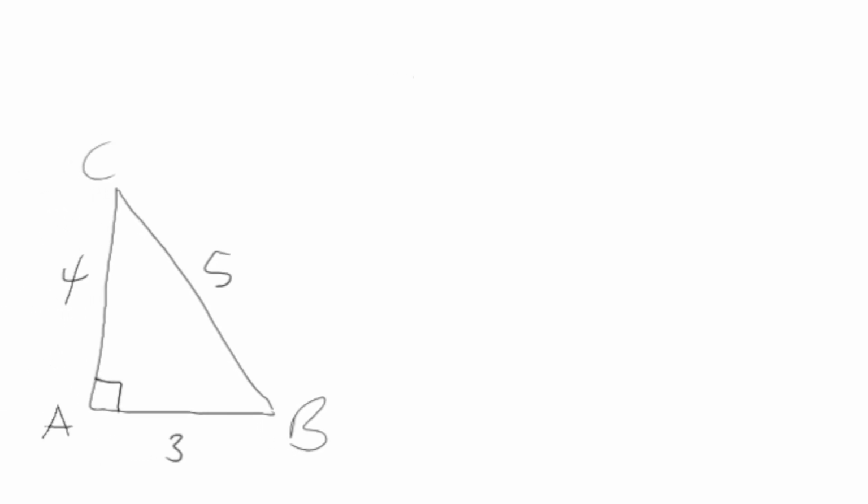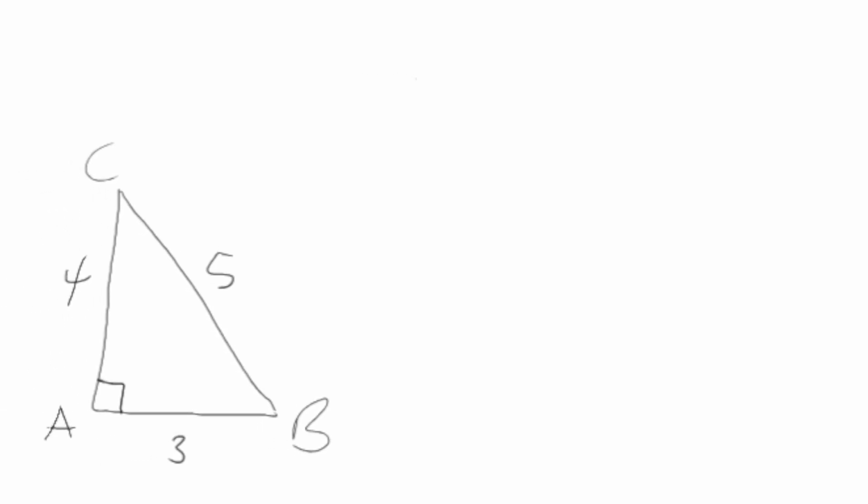This is my 90 degrees. Let's use the same numbers, 5, 3, 4. So this is our triangle, and we want to find the value of this angle, angle B.